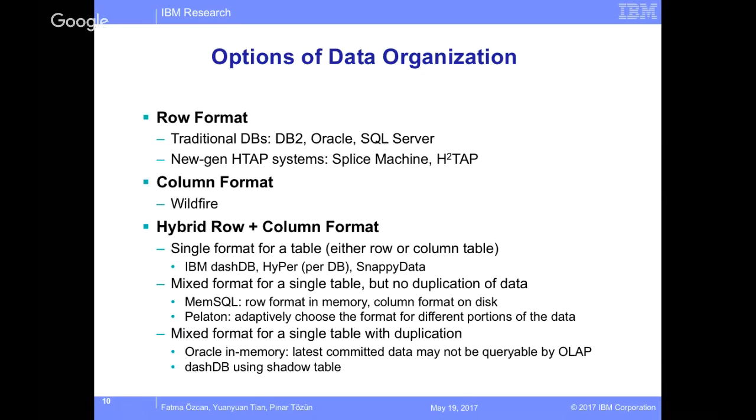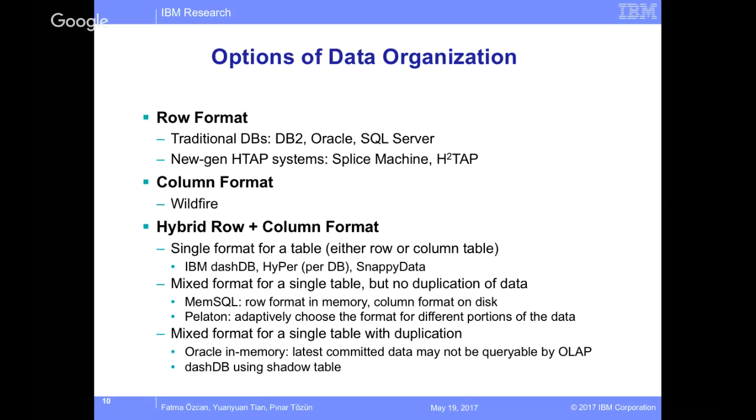What a lot of the systems do is they have a fast ingestion engine that works in memory, and the data in memory is organized as rows, so you can do inserts and updates very fast. And then they move the data from memory to disk in a columnar organization and enable fast analytics against that columnar organization.